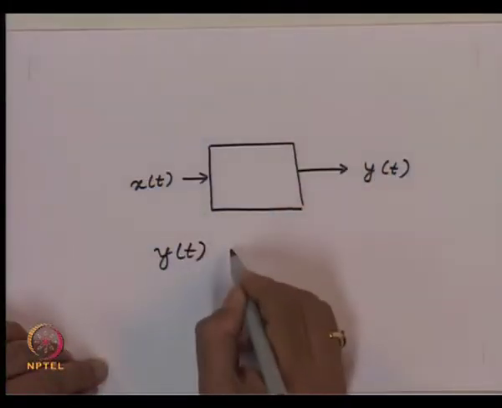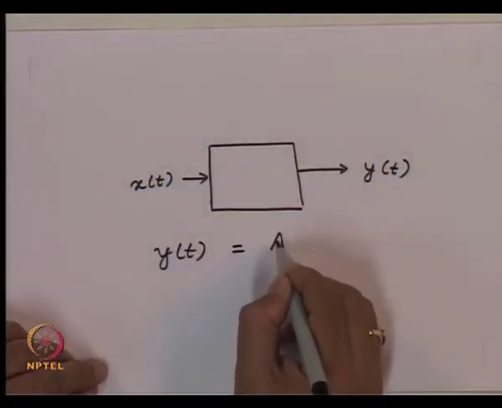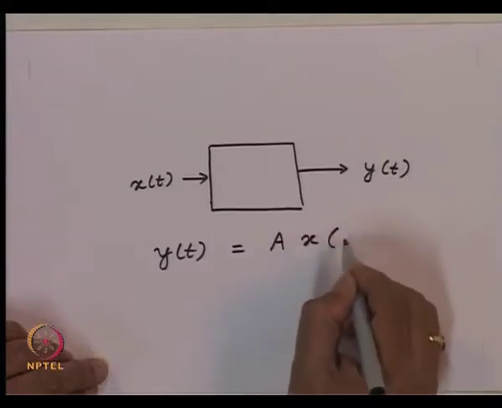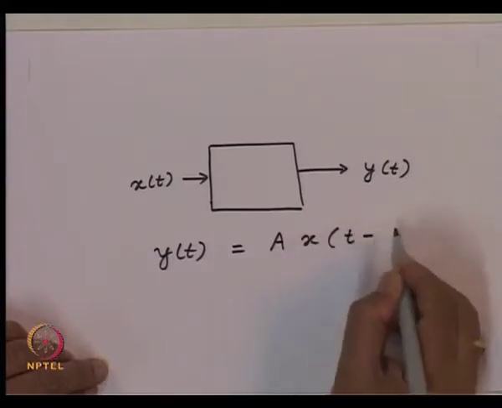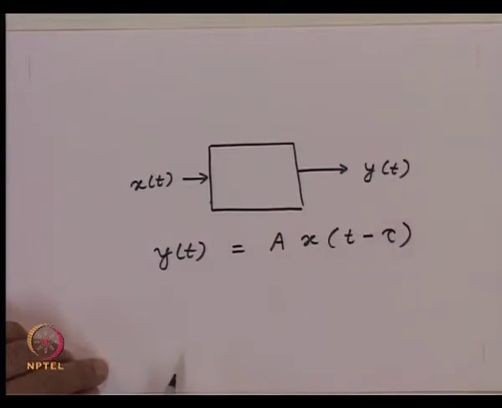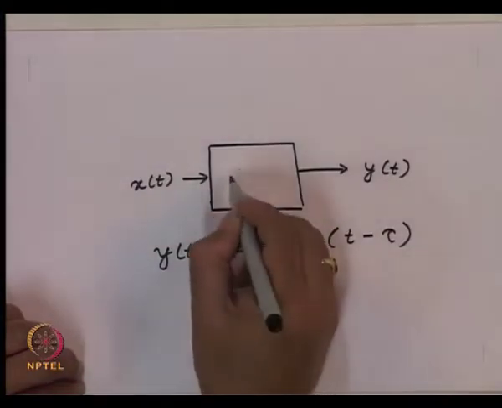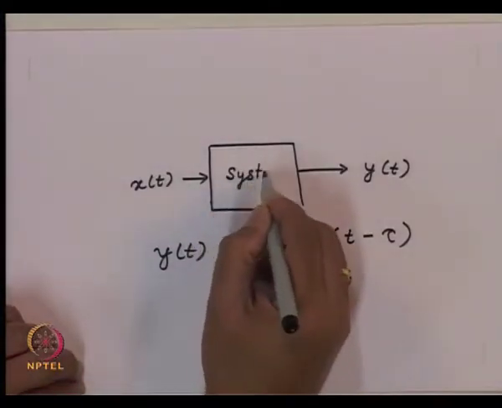So, when the signal is reduced or increased in amplitude as a whole, we do not call that as distortion. If the signal is delayed in time, then we do not call it as a distortion. What that means is that if the signal y of t is a times some x of t minus tau, if we get that, then we say my system is a distortionless system.